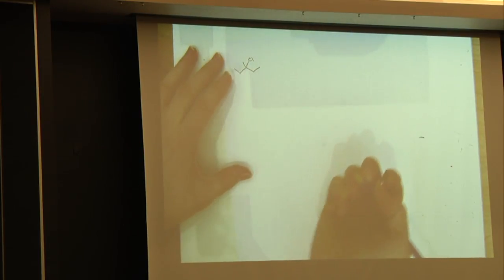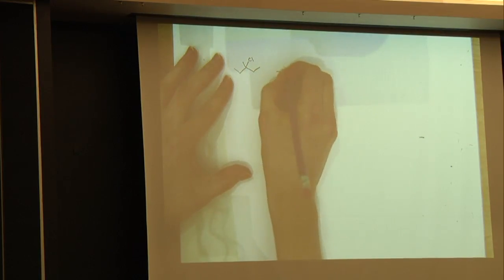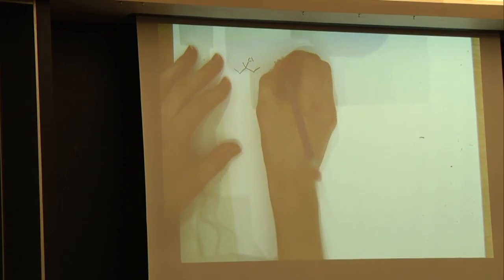There we go. Had to have my pencil. All right. We have this compound here. It's a pentane with a methyl and a chlorine. I'm going to add a base, let's say NaOMe, sodium methoxide.